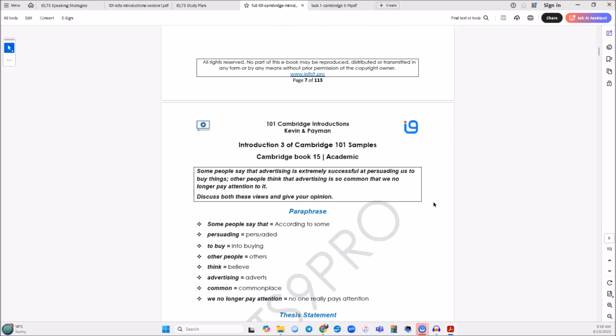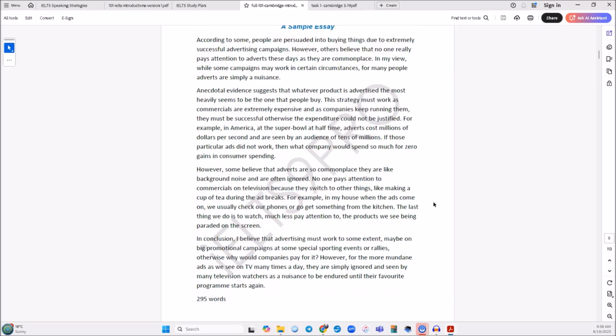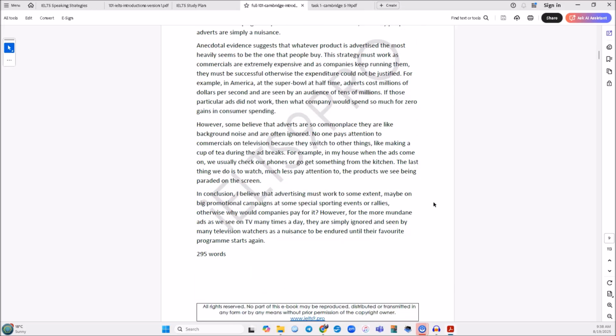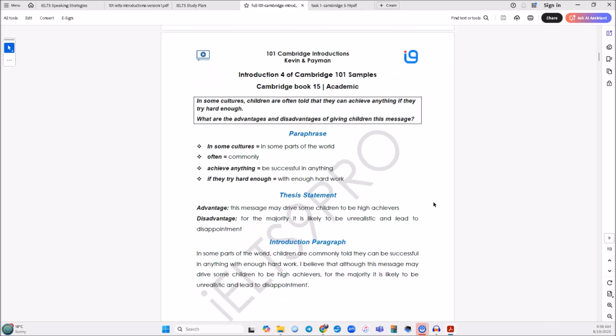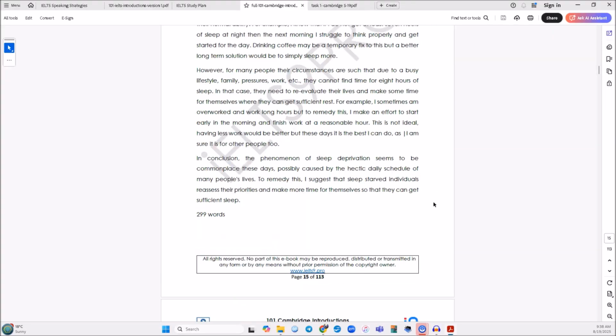So this is quite a lengthy book, 113 pages, with 113 sample essays. So you might find it useful. Take a look at it. That's pretty good.